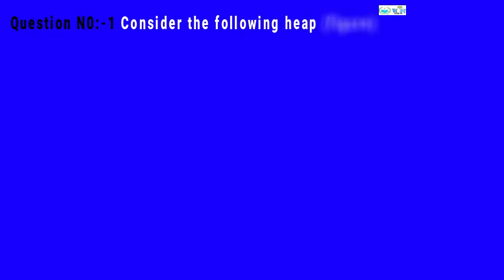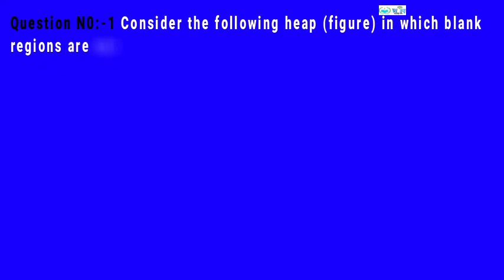Now, example, question number 1. Consider the following heap figure in which blank regions are not in use and hatched regions are in use.